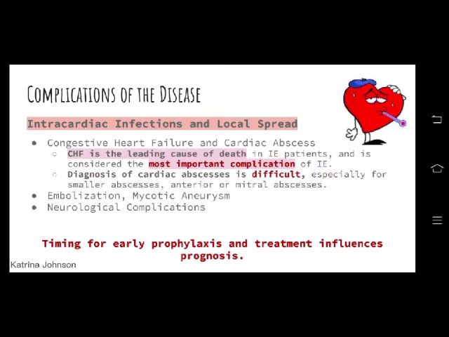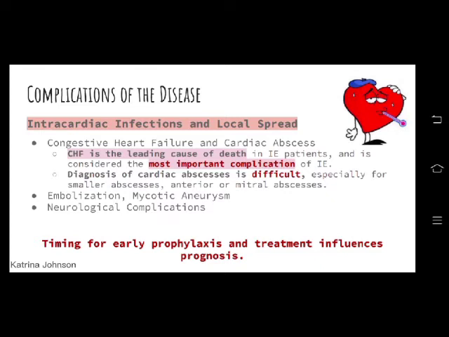In most cases, patients have moderate to severe heart failure. They're considered NYHA class 3 or 4 status. The timing of early prophylaxis and treatment really influences prognostic significance. In a lot of cases with these complications, the earlier the better. Now for cardiac abscesses, this is another fairly common complication, most common in acute cases of infective endocarditis.